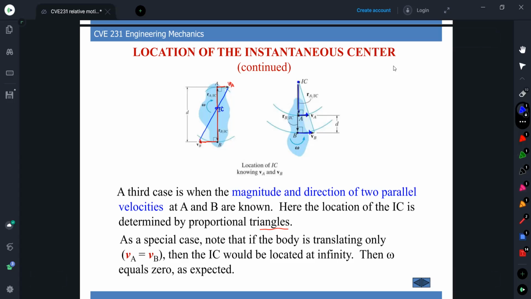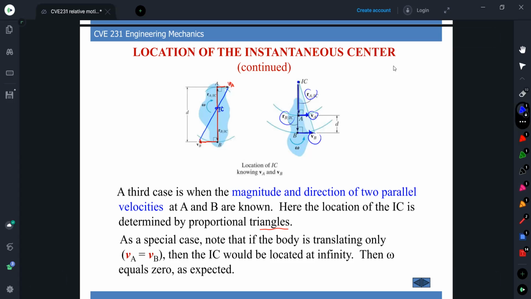We just know RA sub IC and RB sub IC may be drawn first, and we don't yet know what they are equal to. But we know the magnitudes of velocities VA and VB.